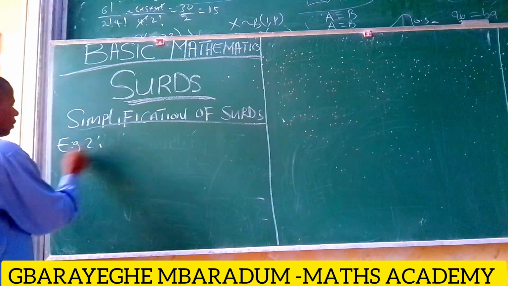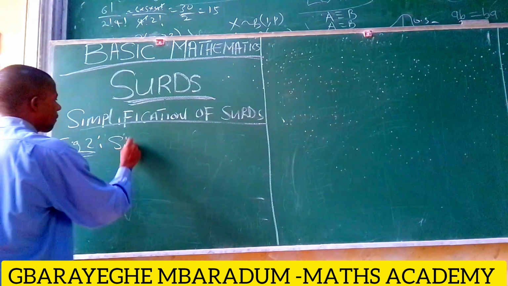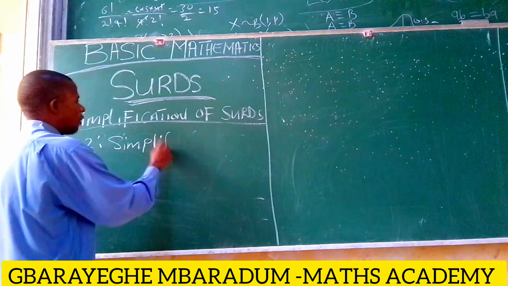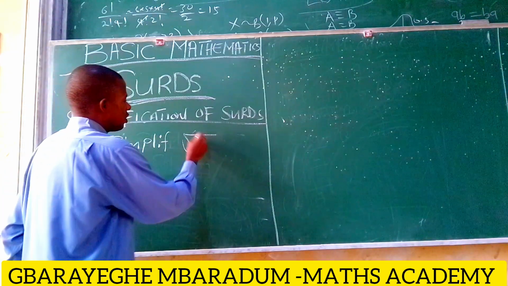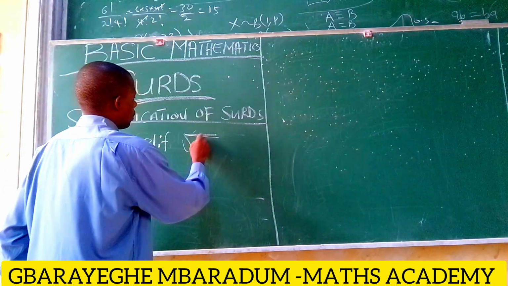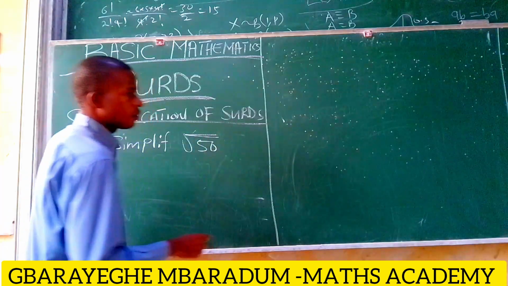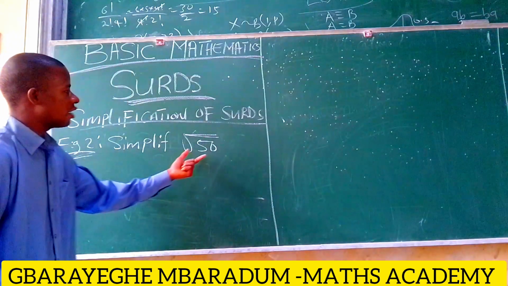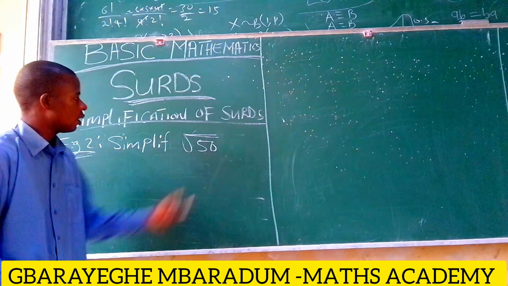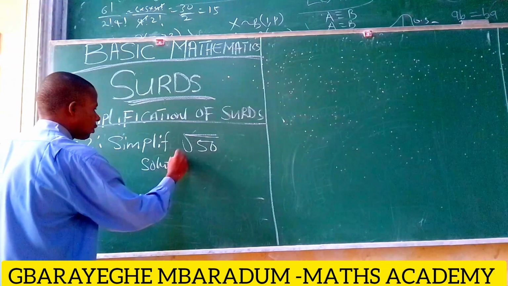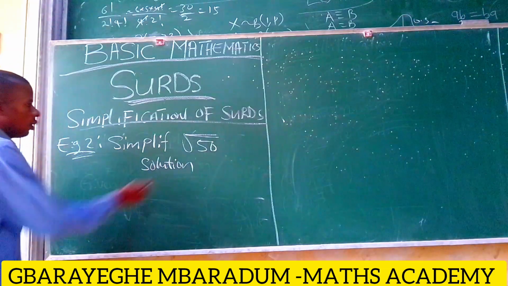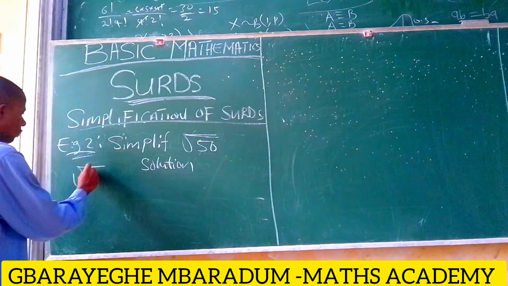Example 2. They say we should simplify root 50. First we want to simplify this root 50. Let's look at how to simplify it. Solution. Root 50, right?